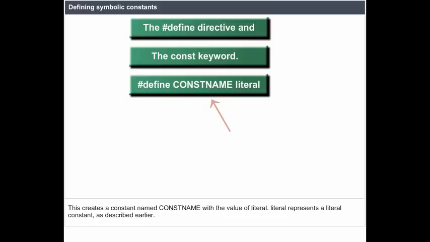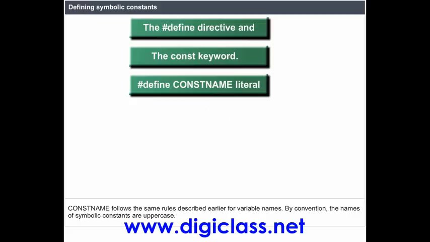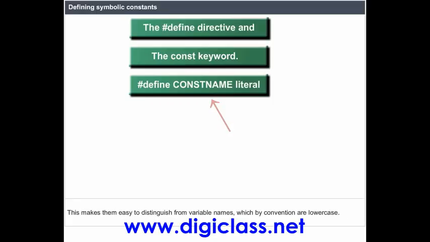Literal represents a literal constant as described earlier. CONSTNAME follows the same rules described earlier for variable names. By convention, the names of symbolic constants are uppercase. This makes them easy to distinguish from variable names, which by convention are lowercase.